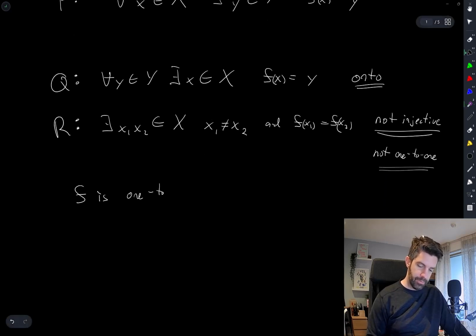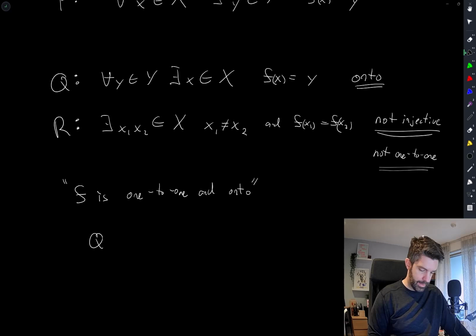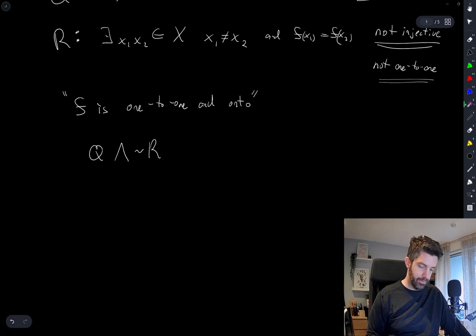Okay, so f is 1 to 1 and onto. That statement is the same as Q and not R, right? So it's onto and not 1 to 1. So that is equivalent to the thing in quotes. But we want the negation of this.